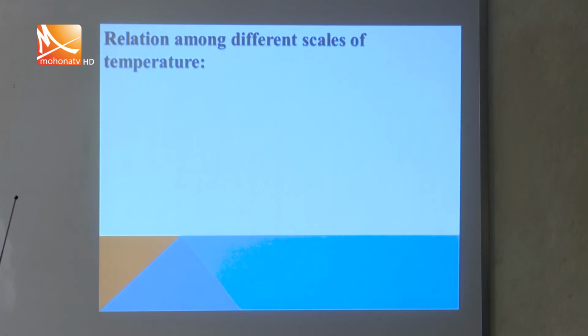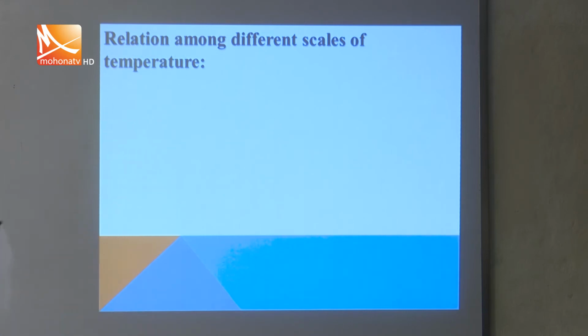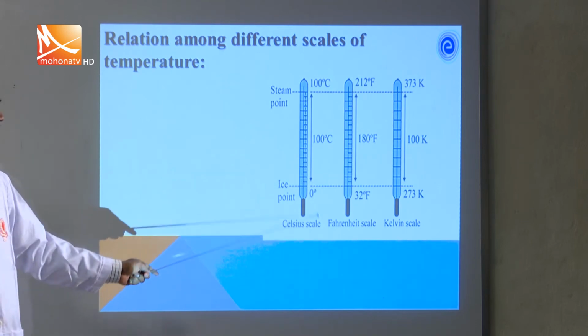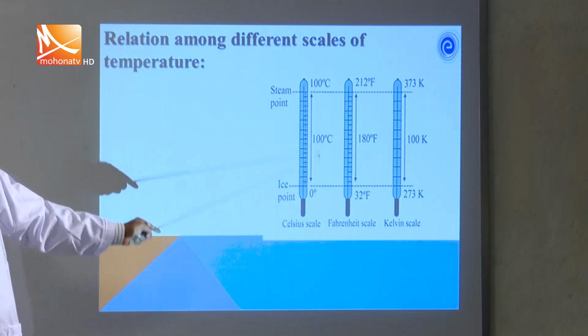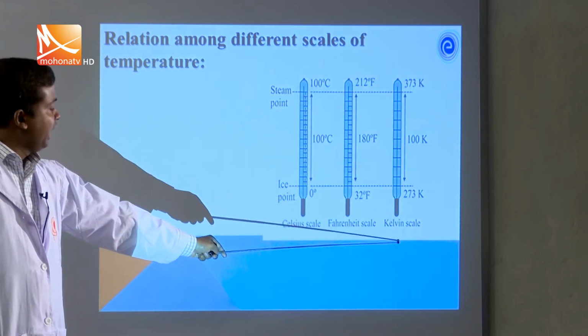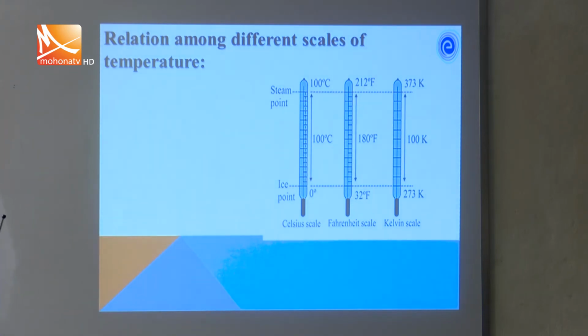Now, I am going to discuss some different international scales, which are basically built on two fixed points, and that is very clear to you. You know this is the Celsius scale with lower fixed point and upper fixed point, and there is the Fahrenheit scale with lower and upper fixed points, and the Kelvin scale, you know this. So, what is the relation between these three scales?